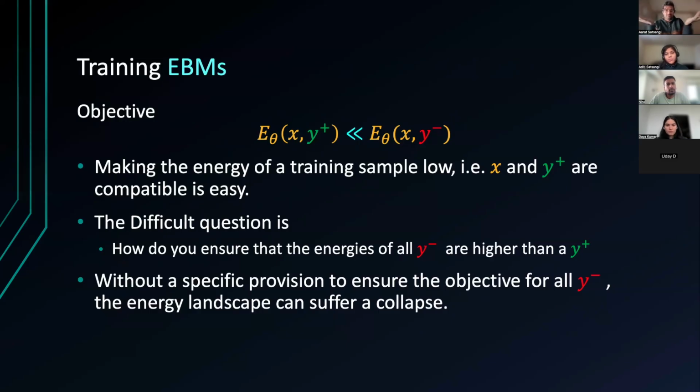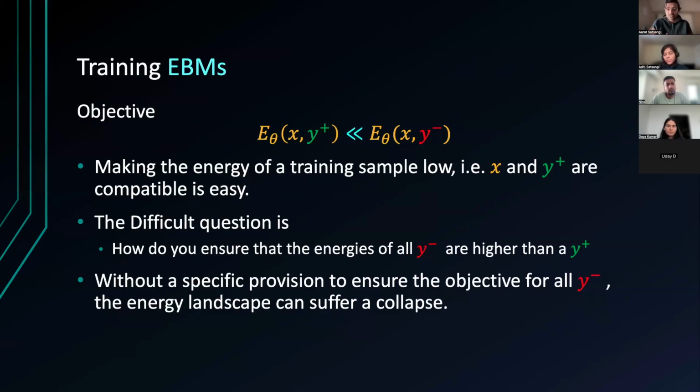Then you compute some kind of loss, maybe an L2 loss, and it's pretty easy to do, right? You know what two inputs are compatible because you already have X, and you can just corrupt it in some way and get that Y plus out of it.